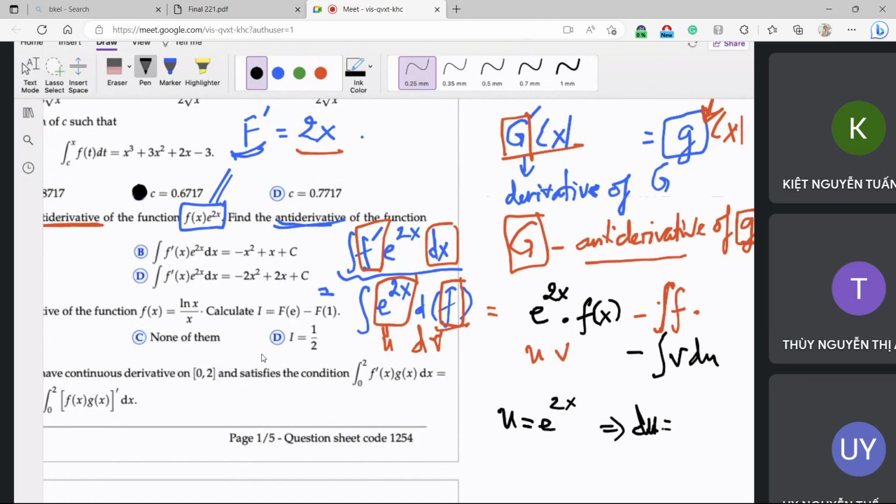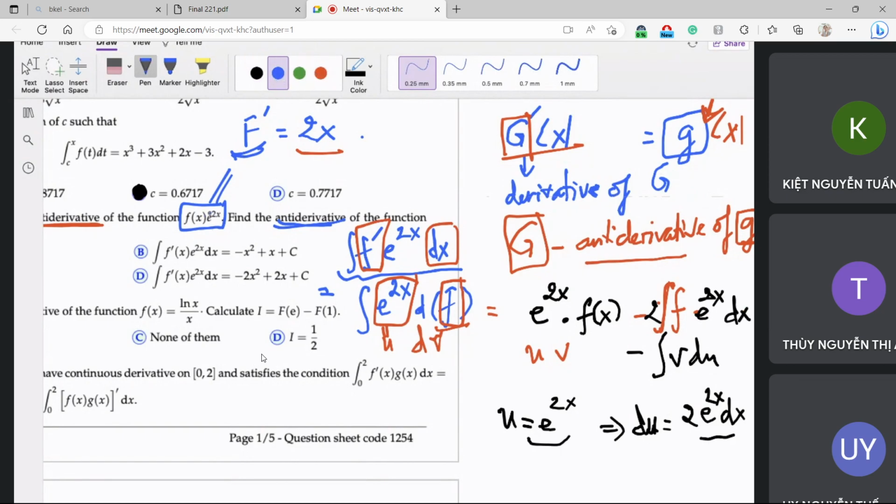So du is 2e to 2x dx, right? This is a differential. So 2e to 2x dx.